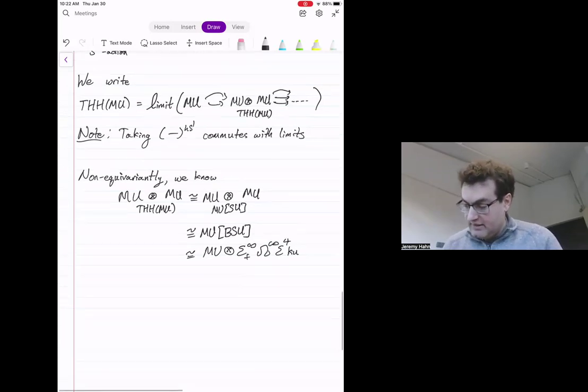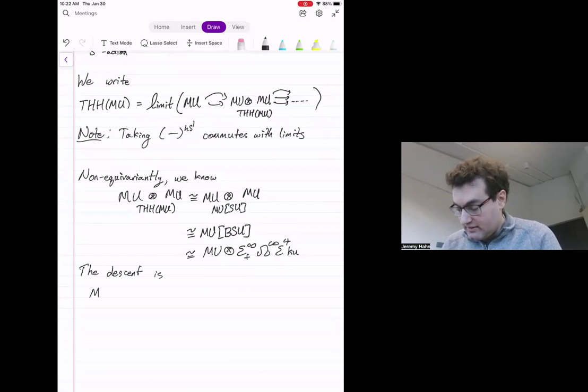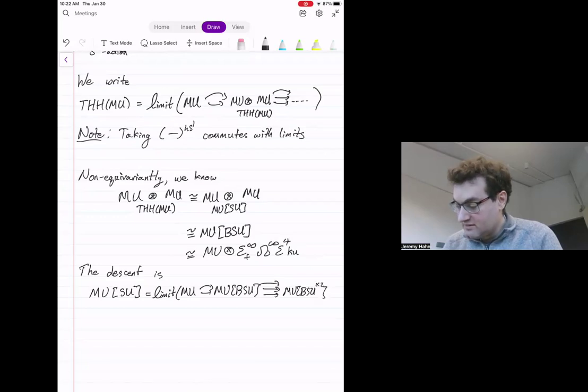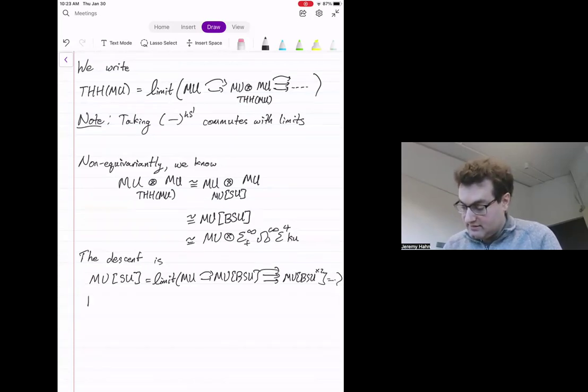Okay. So what we're doing here in this descent is we're writing mu adjoin SU as a limit of mu adjoin BSU, mu adjoin BSU squared, etc. So this is just mu tensored with the cobar complex for BSU.